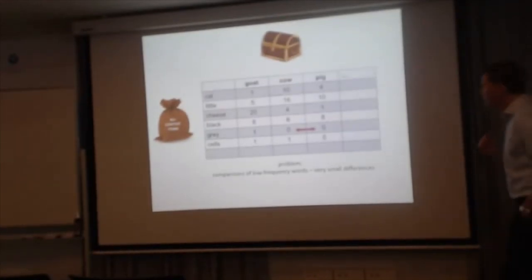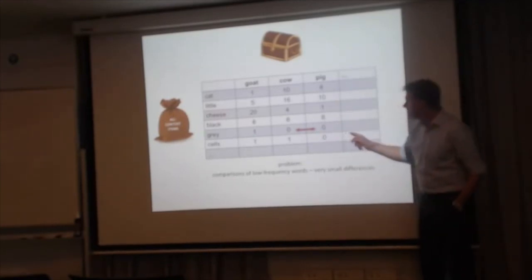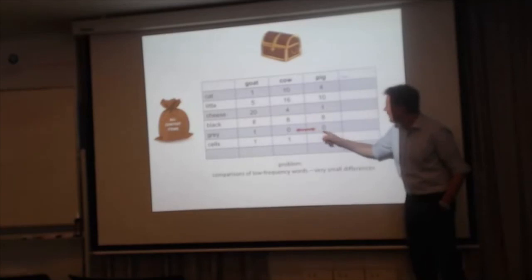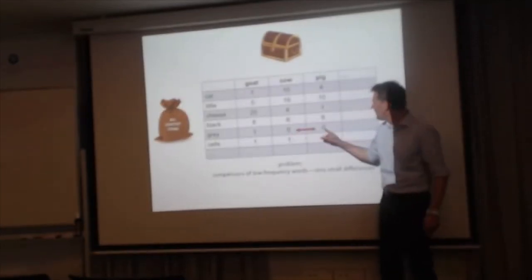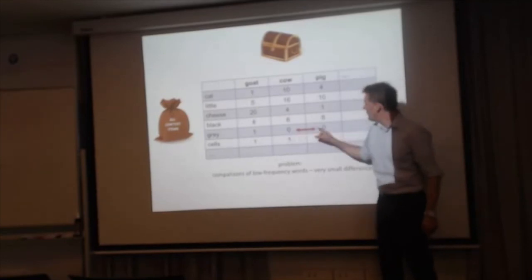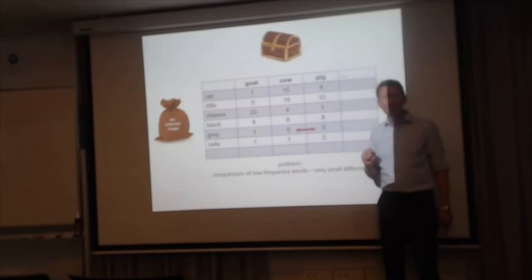So why is that? Well, there's a problem when we're looking at low frequency items. So if you compare cow and pig with regard to their collocate gray, well, both of them have 0 for this particular context item. And this could be taken to mean that they're actually semantically similar, because there's no difference.